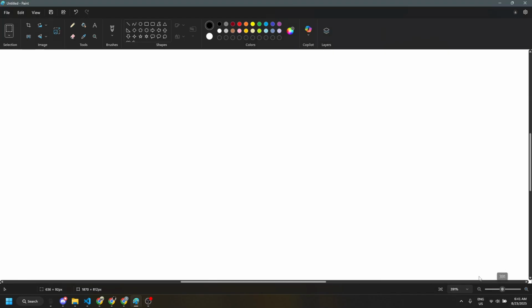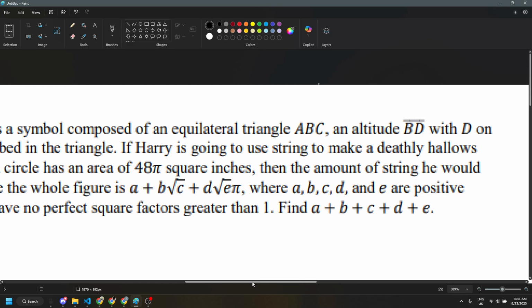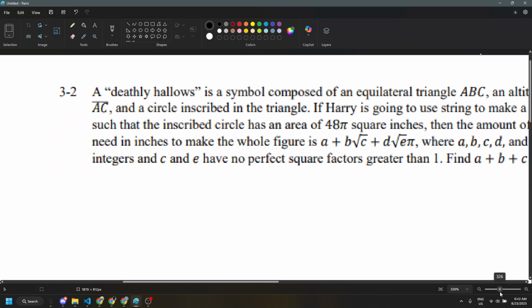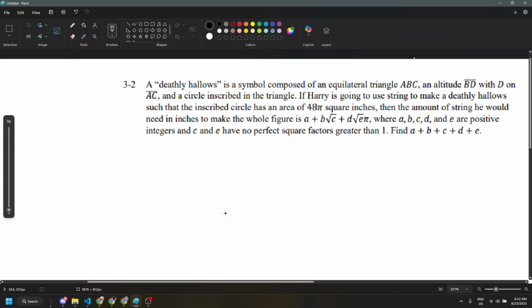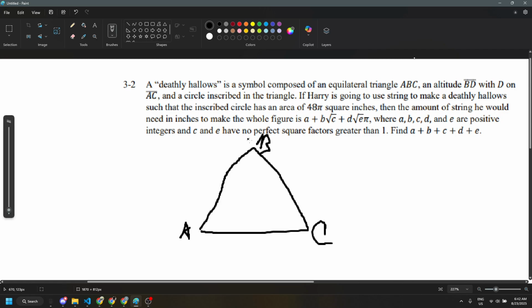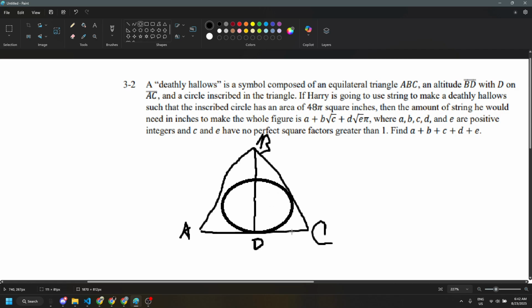Okay, this is a fun one. So the Deathly Hallows symbol, they describe how it's made. They have a triangle A, B, C, with altitude B, D, and there's a circle inscribed inside of the triangle, like that.